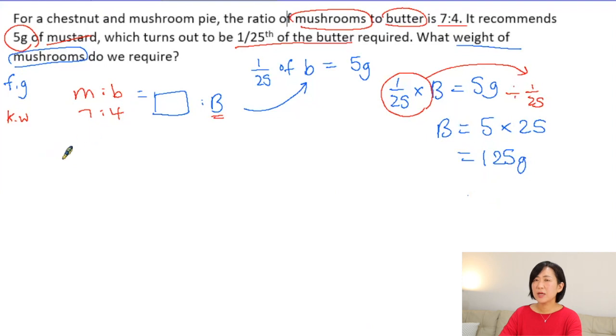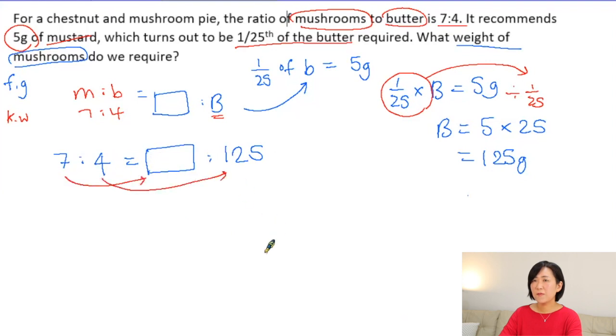Let's write down the equivalent ratios together. 7 to 4 equals missing value to 125. So now let's see, 7, then you need to figure out 4 became 125. Oh, it's quite tricky. I'm going to use the fraction to solve this. So 7/4 equals missing number over 125.